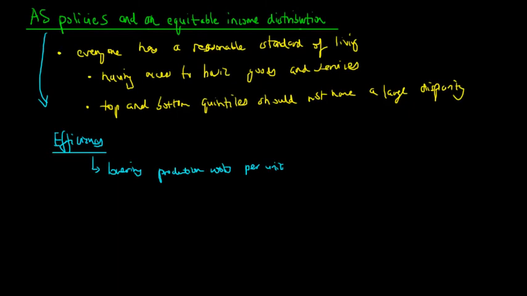So what this suggests is that if we were producing 100 units of goods and services from 10 units of input, that means our productivity is 10 pieces of production per 1 unit of input.